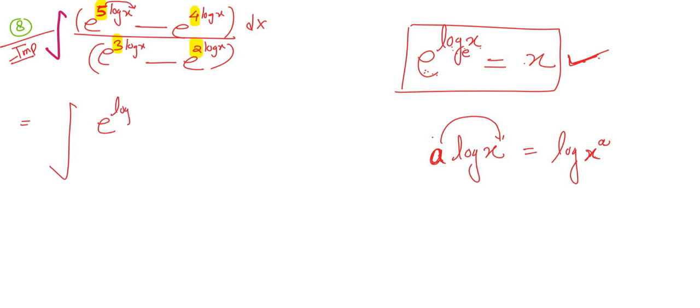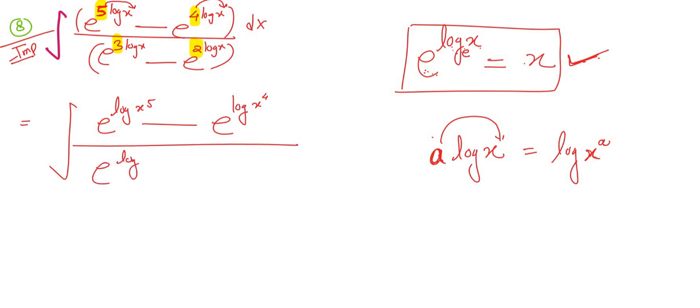So it will become e raised to power log x^5 minus e raised to power log x^4, correct? 4 is going back, divided by e raised to power log of, can I take this 3 back, x cube, ठीक है? Now this 2, ये 2 can I take back side? ले सकते हैं, तो e raised to power log x square, fine. तो this is dx, यहाँ तक ठीक है.